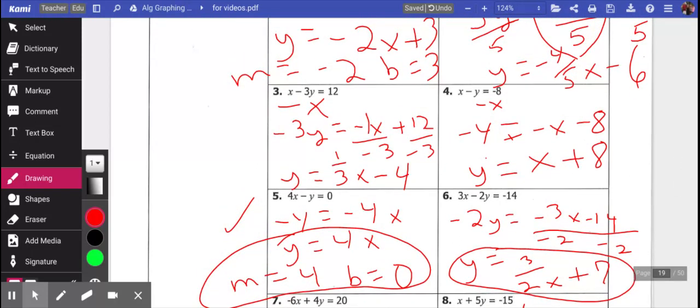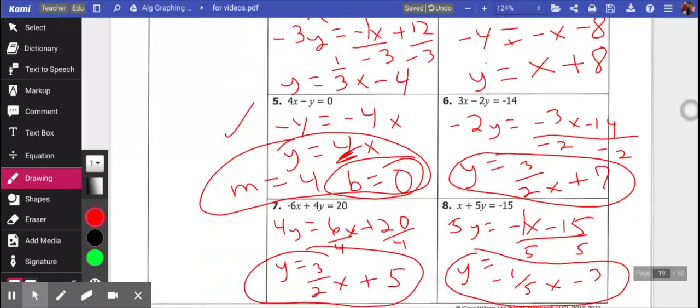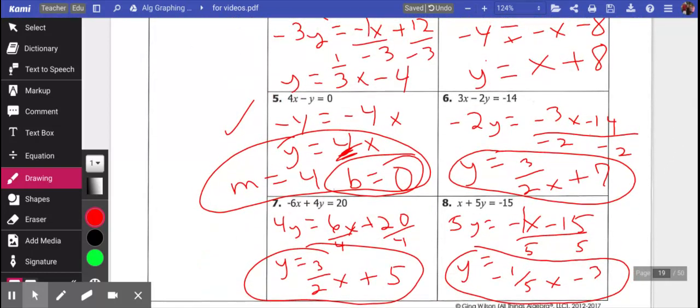Your slope is right here, but since there's no plus anything, then we know it goes through the origin, and so the y-intercept is 0. And then, number 7, 6/4 reduces to 3/2. And on this one, I put that 1 in front of here, so you didn't forget to do negative 1/5.